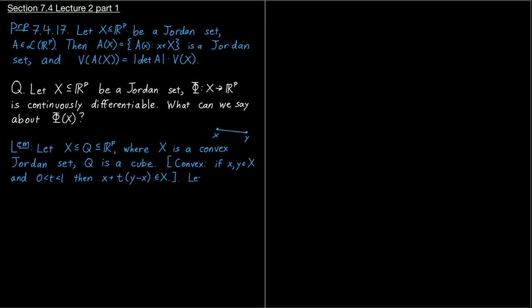All right, and now we let epsilon be a positive number, and then the following set, the set of all points whose distance to X is less than epsilon, you can also think of that as the union over all points X in X of the balls centered at X of radius epsilon, is contained in J, where this J is a Jordan set.